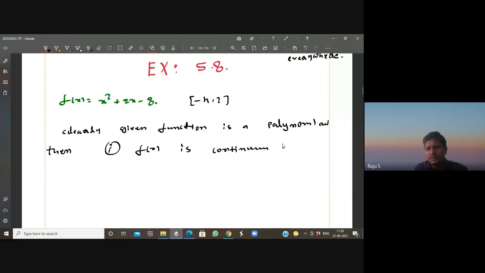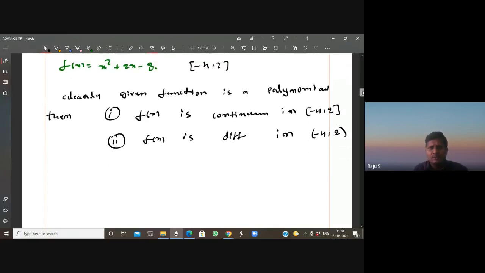I think I explained this problem in the previous class. Was it completed in the previous class? I have written directly because the given function is a polynomial. The third condition alone we have to check.